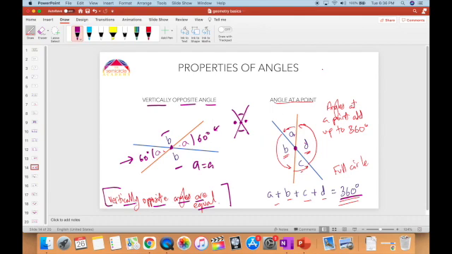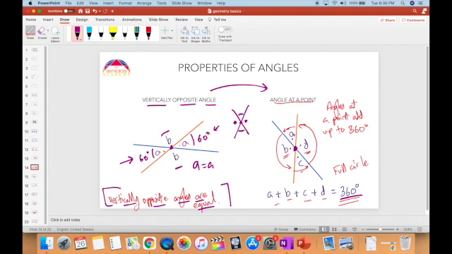And the next thing, just the same as vertically opposite angles, you can see we still have the X, we have the point, so we see that A and C are vertically opposite, which means that A is equal to C. We see that B and D are vertically opposite, so B is equal to D. But another thing is that all of these angles are around a point.